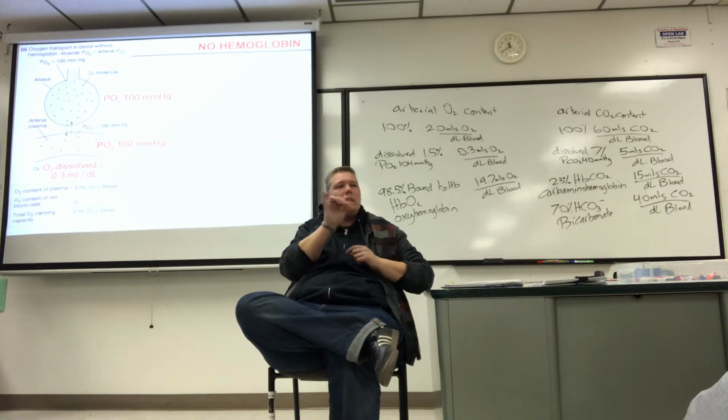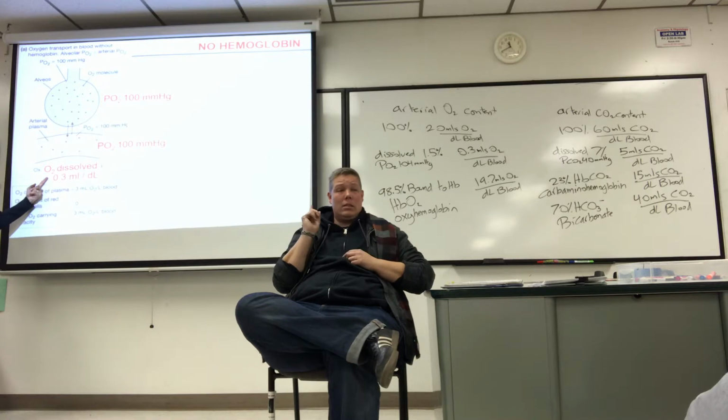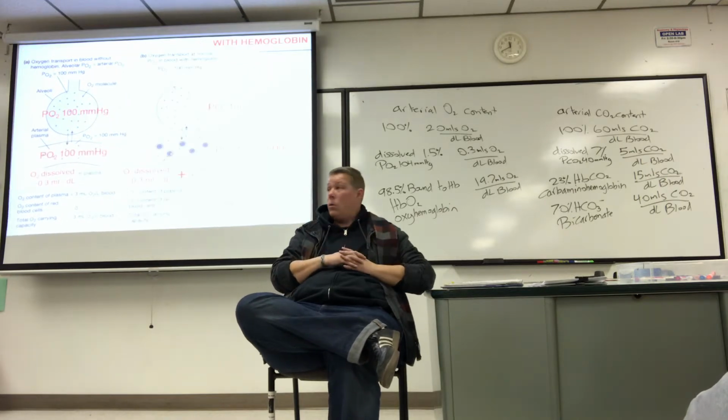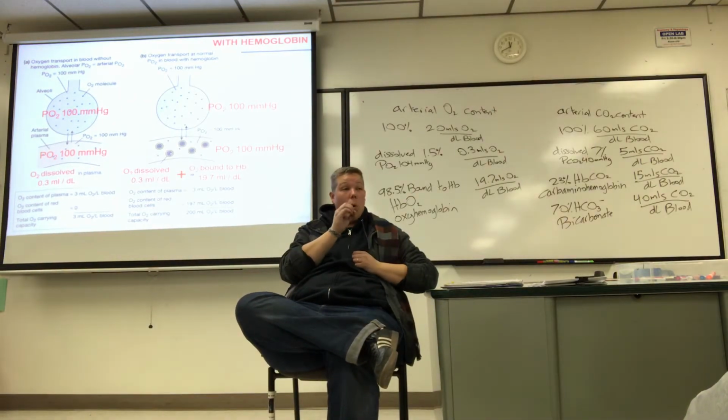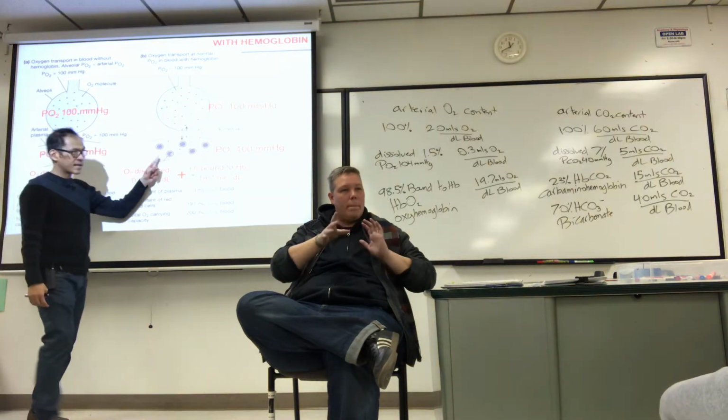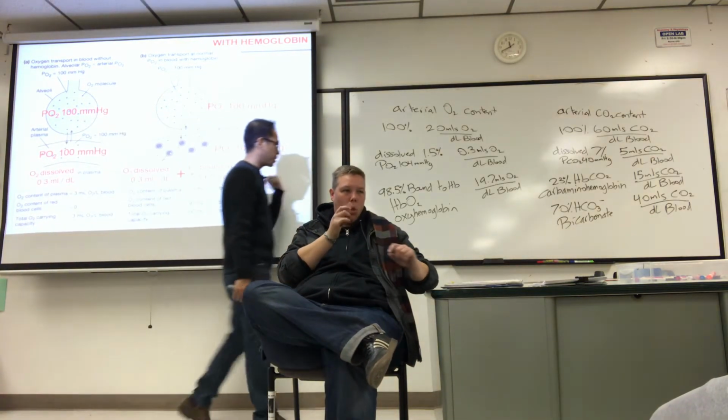But this isn't nearly enough to satisfy our metabolic needs. With hemoglobin, you get about the 19.7 bound to hemoglobin, and I like how they illustrate hemoglobin in this figure.